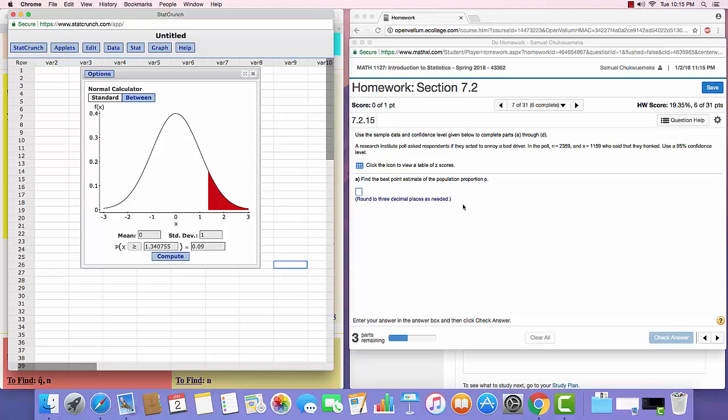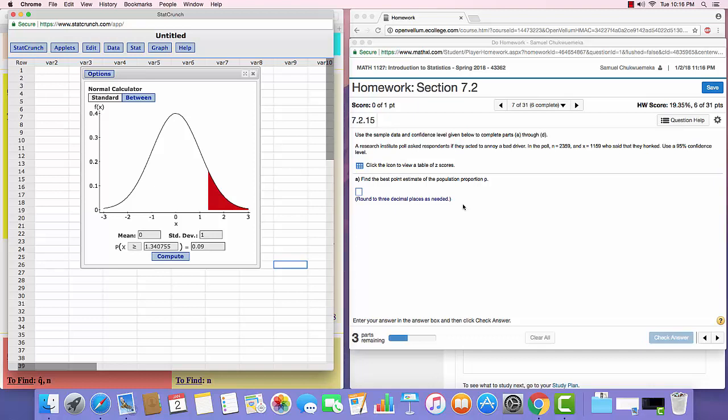Use the sample data and confidence level given below to complete parts A through D. A research institute poll asked respondents if they acted to annoy a bad driver.